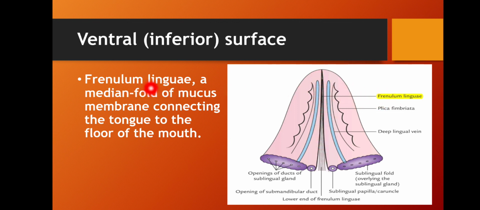The frenulum linguae is a median fold of mucous membrane connecting the tongue to the floor of the mouth. It is a mucous membrane fold which connects the tongue with the floor of the oral cavity.